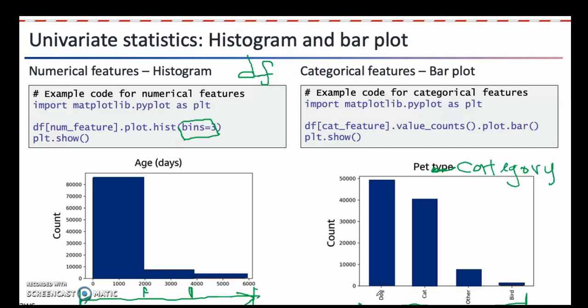So we're seeing basically 4 categories: 3 named ones, and anything that's not one of those 3 is stored in other. The tallest box here happens at dog, and the second tallest is cat, meaning that these are the 2 categories, the 2 groups of pets that have the most frequency, the highest counts.